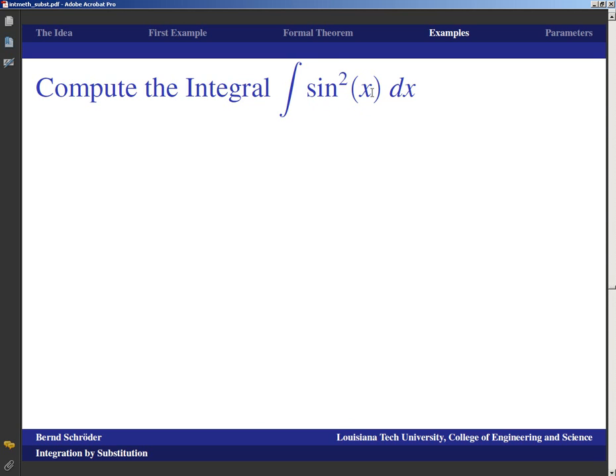So this one doesn't work out like a direct substitution, but as I said before, when we work with trig functions, trig identities come back big time, and the one that comes back here is that sine squared of x is actually 1/2 times 1 minus cosine 2x. That is one of those double angle identities that you may have seen in trigonometry, that you should have seen in trigonometry.